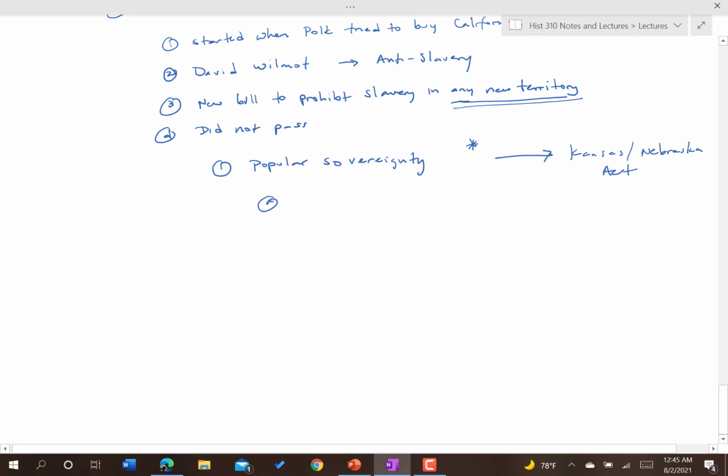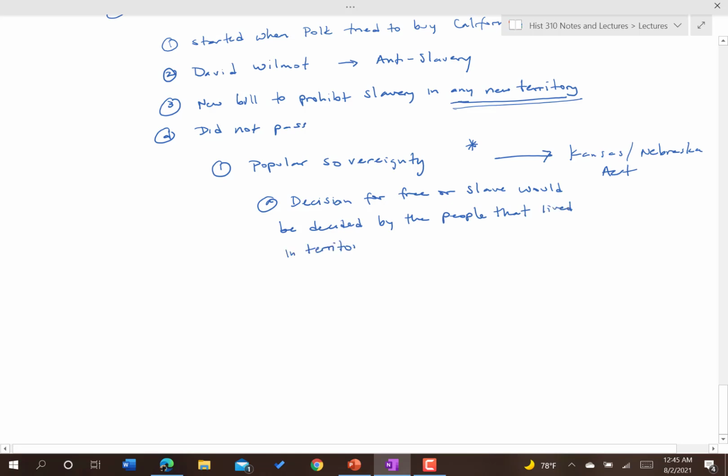But popular sovereignty was the idea that the decision for free or slave would be decided by the people that lived in the territory. So they would vote and make their government and structure based on that. So the status of slavery would be based on popular sovereignty.